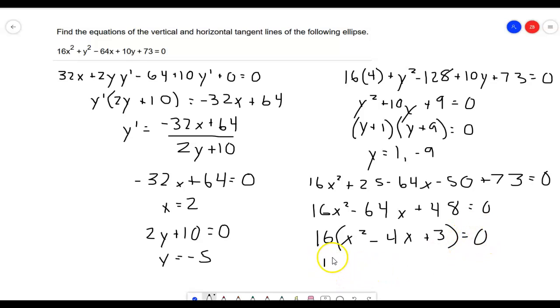So we're going to get (x minus 1)(x minus 3). So that's going to give us x is equal to 1 and 3.